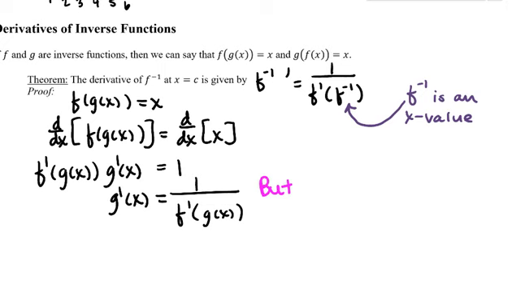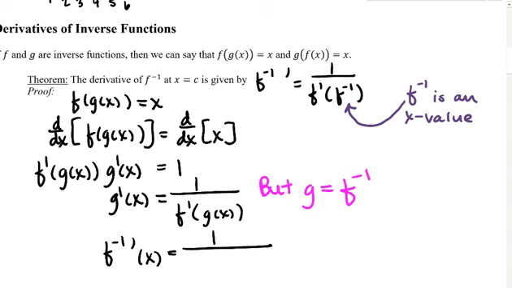Yes, okay. g is f inverse. So really what I have is f inverse prime of x, the derivative of f inverse at x, is 1 over f prime of f inverse of x.